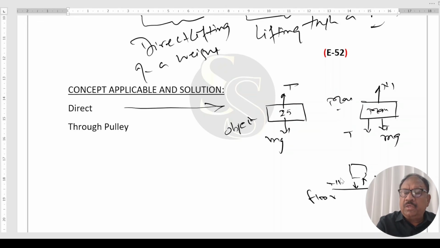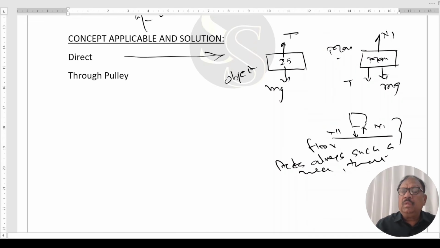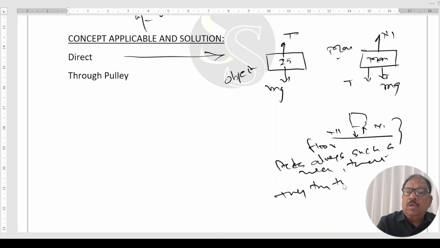You can call it normal, reaction, or contact force. It always acts in such a way that they try to separate each other and not to stick together.